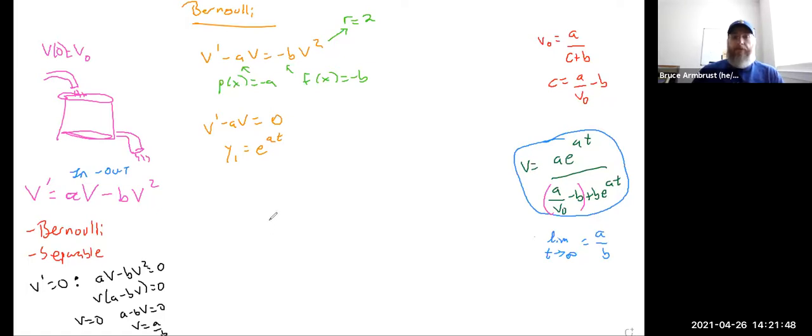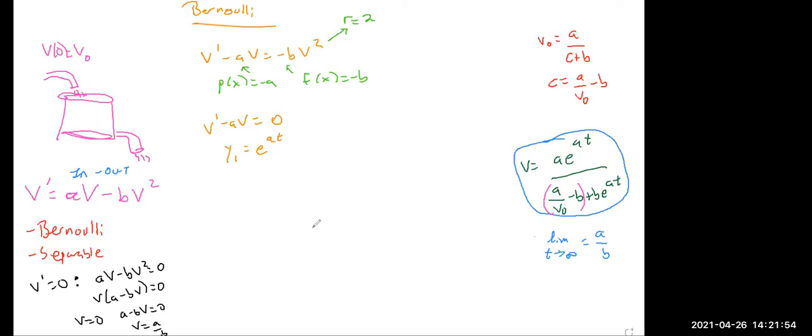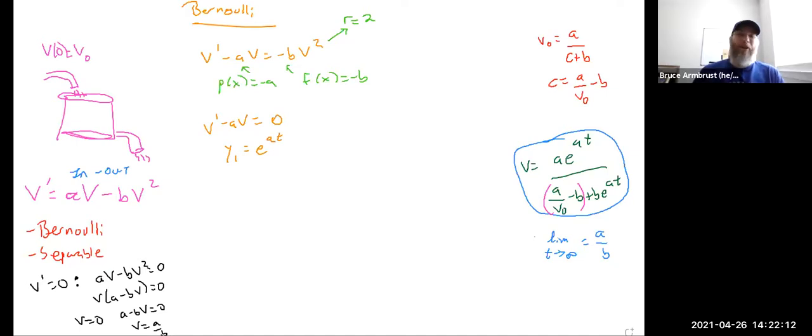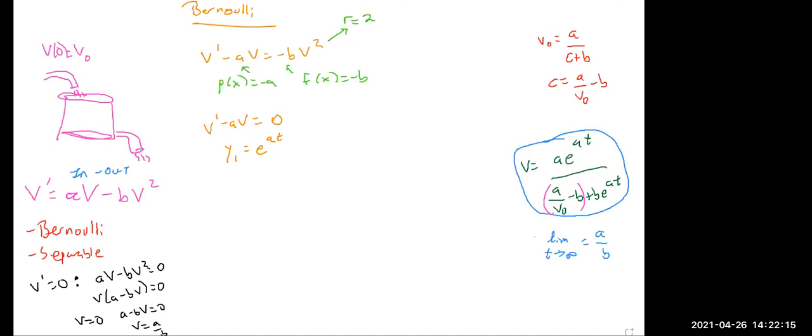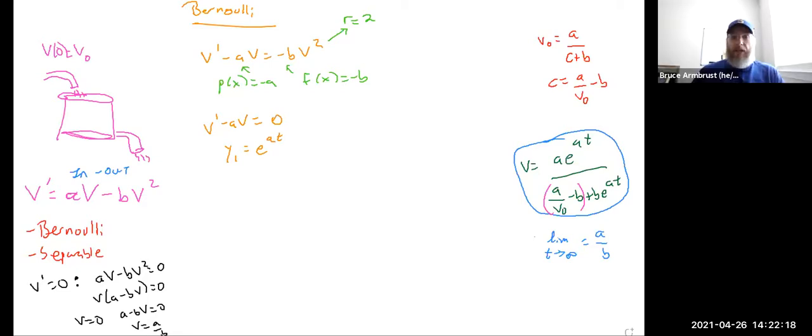Then what do we do? We take the integral of f of x over y1 times y1. Well, it's y1 to the minus r in the exponent, I remember. You're really close. So on the left-hand side of the equation, we're going to get a u prime over u to the r. We're trying to find a u, an integrating factor, but we're going to get u prime over u to the r.